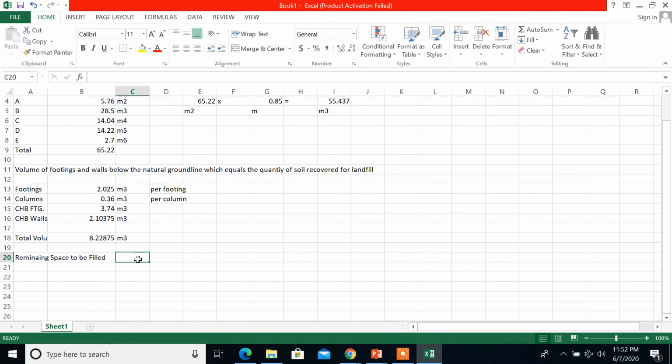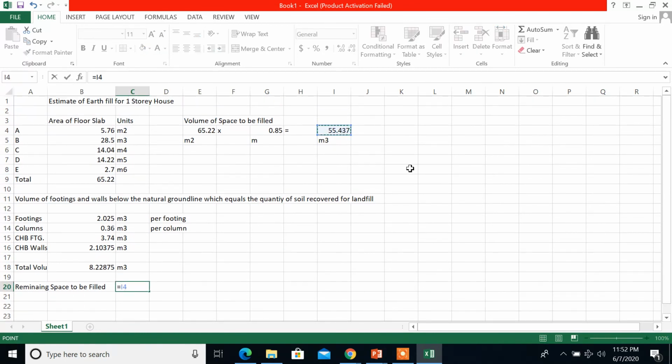So, remaining space to be filled, 55.437 minus 8.22875 cubic meters. So, it means yung ating remaining space to be filled is 47.20825 cubic meters.